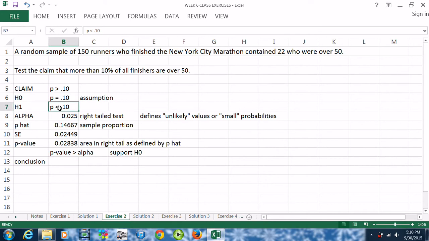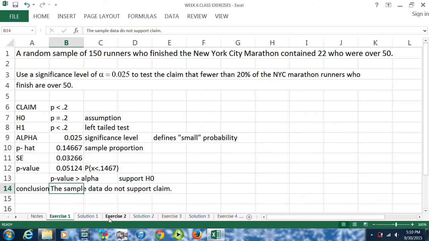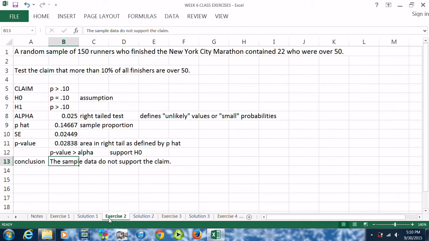Oops, I typed this wrong. This is a greater than. Right, a claim of greater than. So the sample data do not support the claim. So we got two do not supports.